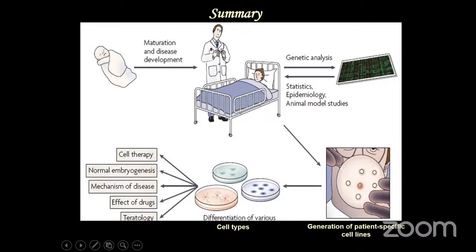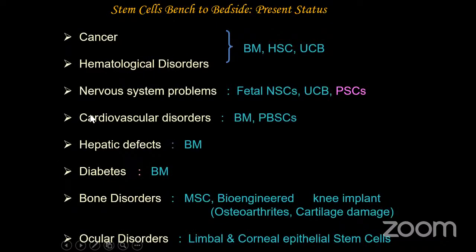So where we stand now in terms of cell replacement therapy, these are different disorders, and the specific stem cells which have been utilized. Especially at LV Prasad, they are doing wonderful work, actually giving vision to patients using limbal or corneal epithelial stem cells. It's really wonderful to see that. And the same in bone disorders.